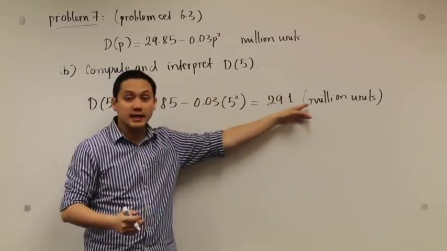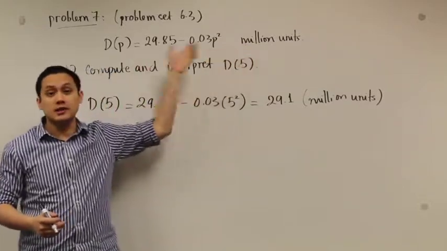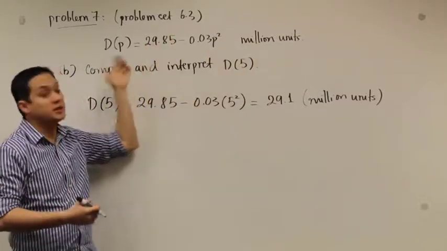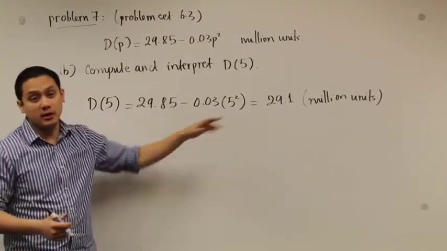Why do I have million items or units? Because the unit is million units given by the problem for the demand function. And then let's interpret what we got from here.